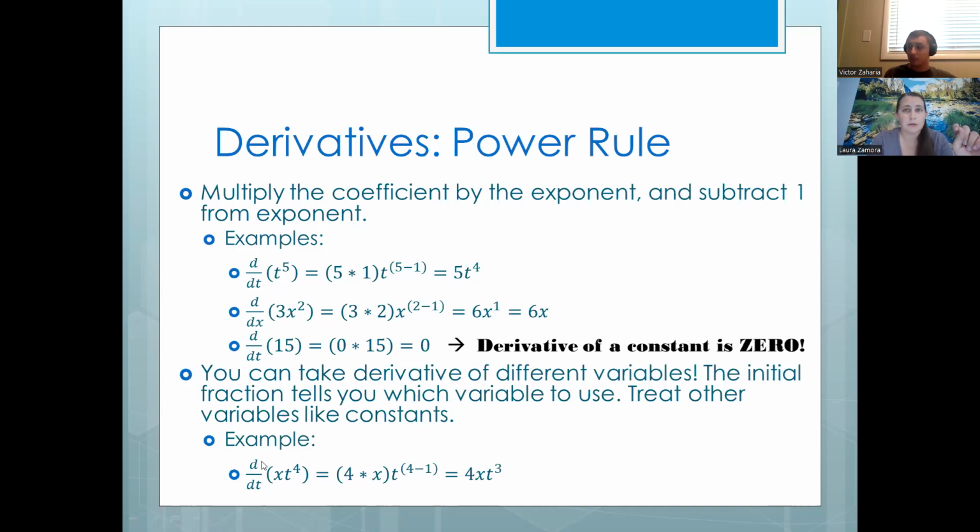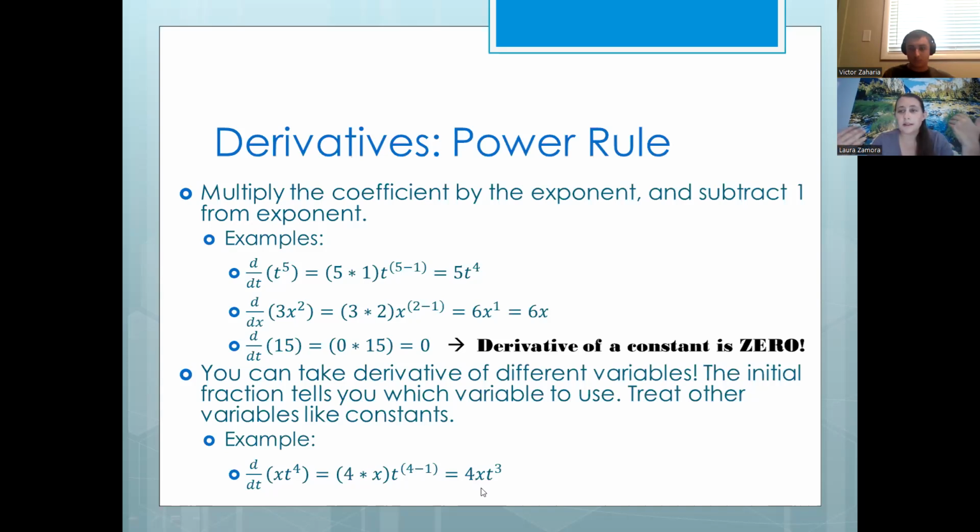So when we apply the power rule, multiply the coefficient by the exponent and subtract 1 from the exponent, we get 4, our exponent, times the coefficient x. Then we subtract 1 from our variable t, so t to the 4 minus 1 is t to the 3. Our coefficient becomes 4x.